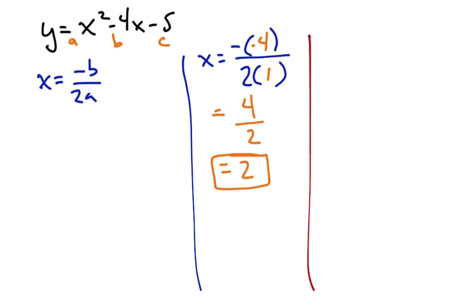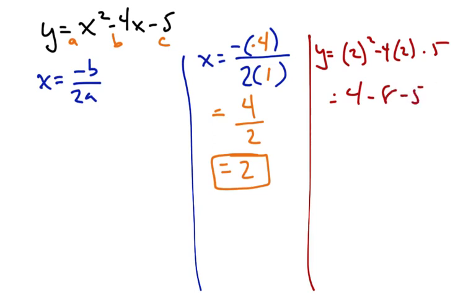Now when we want to find out what the y-coordinate is, once again, we just plug it in. 2 squared minus 4 times 2 minus 5, which is 4 minus 8 minus 5, or that -9 again.